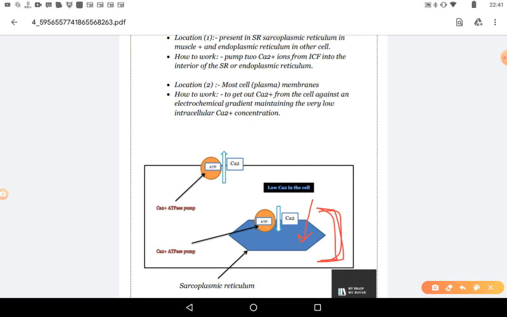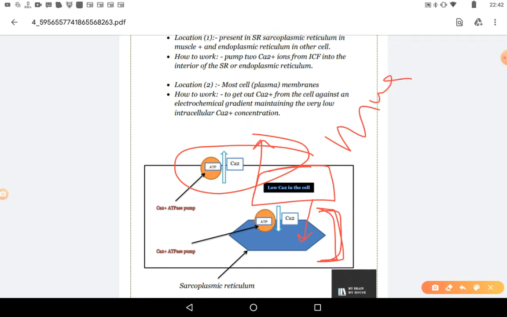The other type is found in the cell membrane, and it pumps calcium outside the cell into the extracellular fluid, which means in total we have low calcium in the cell. We will discuss the details of this in the future when we talk about muscle physiology.